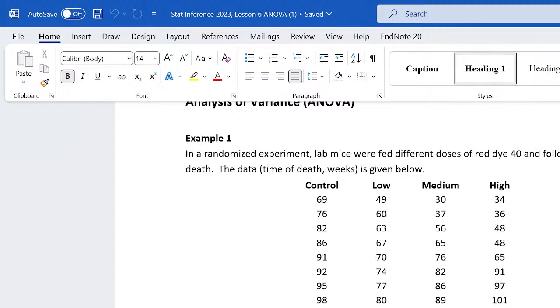Go to the next group, 49, subtract 70, keep going until you get to the last one. That one, 30, minus the group mean of 70, keep going to the last one, 96, minus 70.